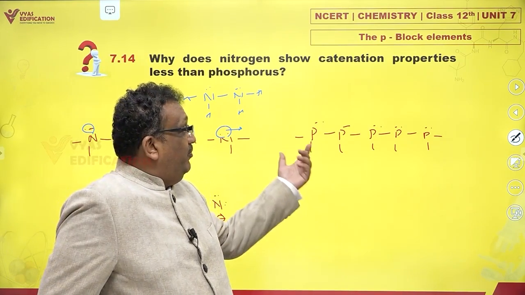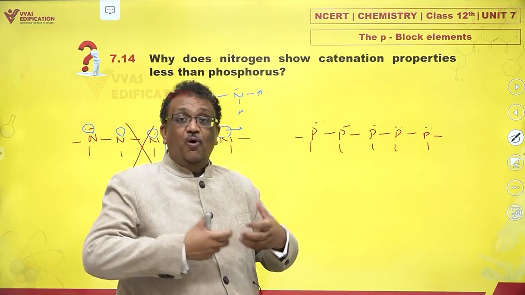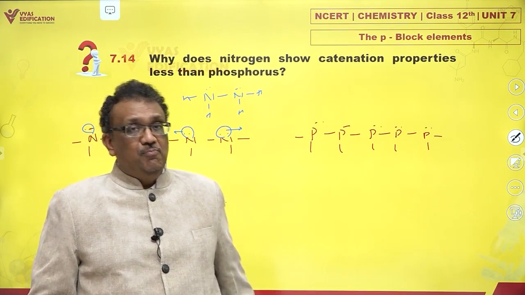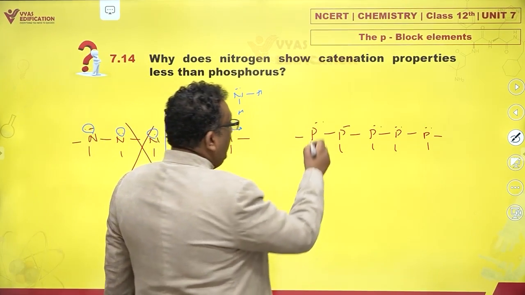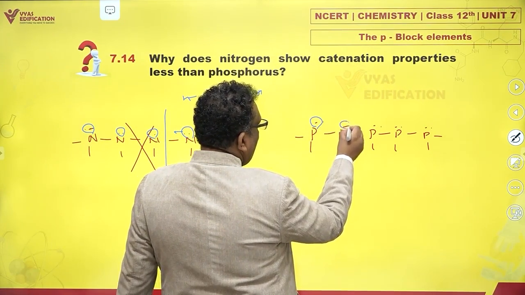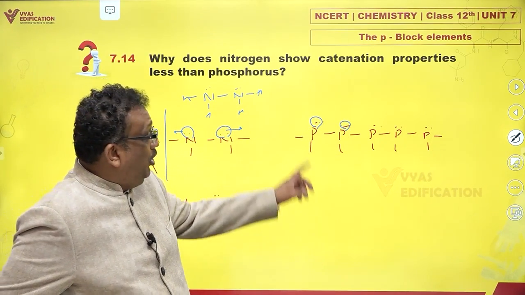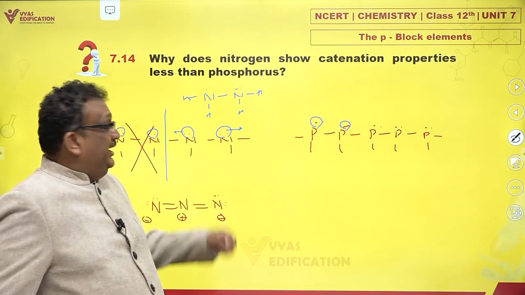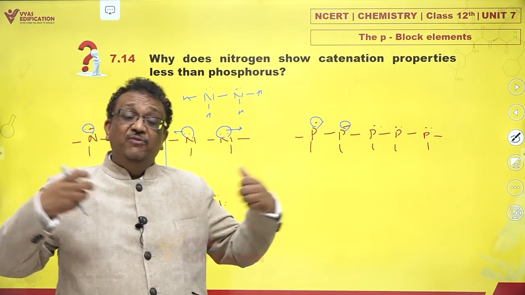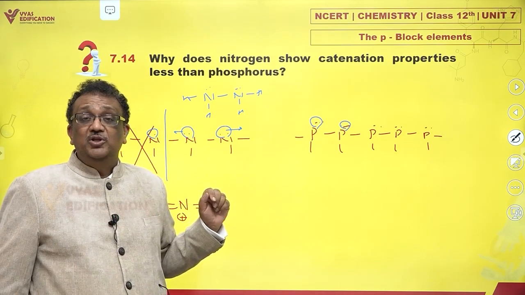What about phosphorus? In case of phosphorus, atoms are bigger. So bond length of phosphorus is a little more than nitrogen. And because of longer bond length, now lone pairs are far apart. Repulsion is there, but repulsion of lone pairs is not as much as in the case of nitrogen. In case of nitrogen, the repulsion between these lone pairs weakened the N-N single bond much more.